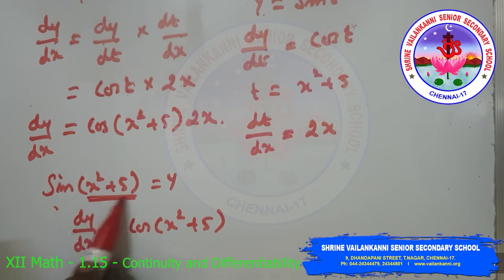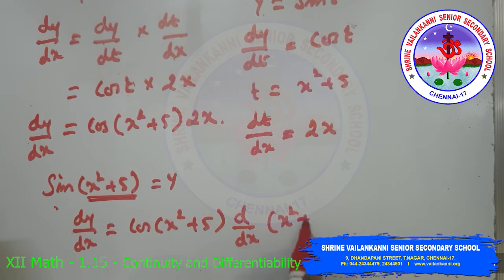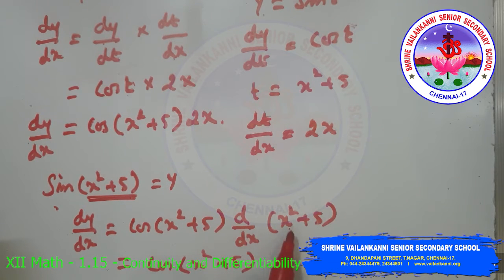Then again differentiating the inside with respect to x, we can add one more step, d by dx of x square plus 5. d by dx of x square is 2x and the constant is 0. So 2x plus 0. So dy by dx is cos of x square plus 5 into 2x.